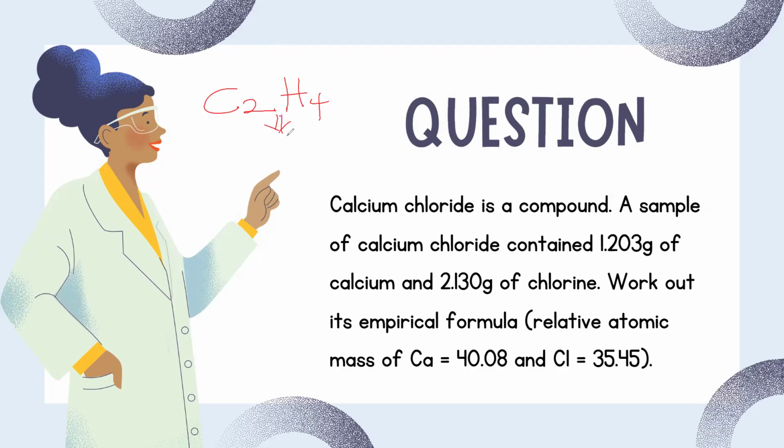Can you let me know? It should be CH2. Thank you very much. Because this 2 over here can be divided by 2, and this 4 over here can be divided by 2. So we have 1:2. That gives us CH2.